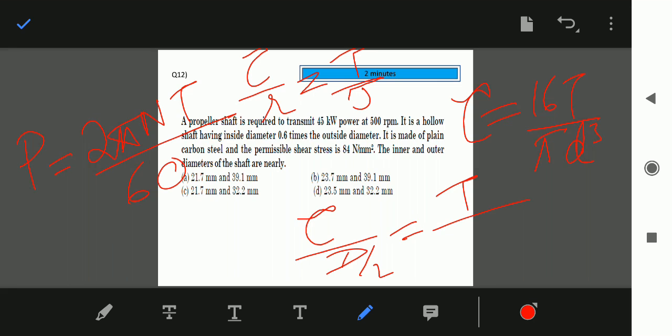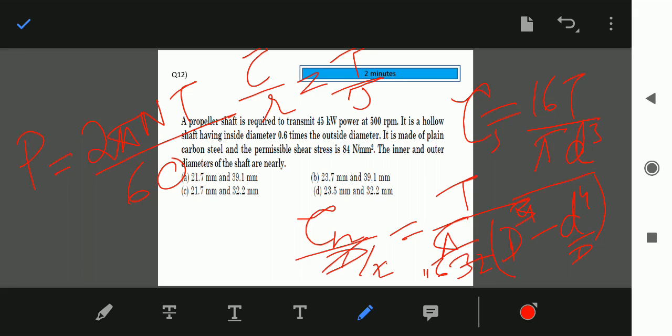So here r is the outer radius, that is capital D by 2. This will be for the hollow shaft, and this is for the solid shaft: T upon pi by 32 into capital D power 4 minus small d power 4. Okay, this is the case. On solving you will get, 16 and d will be cut, so d cube.